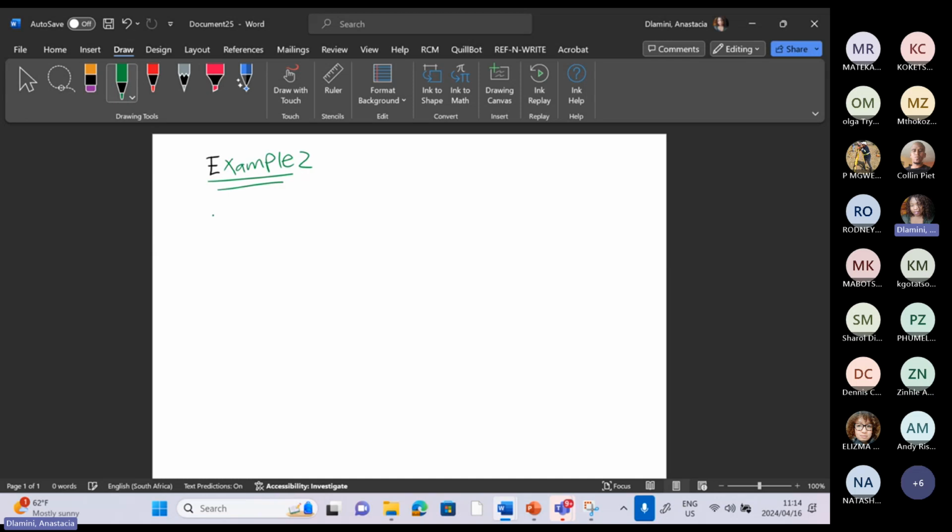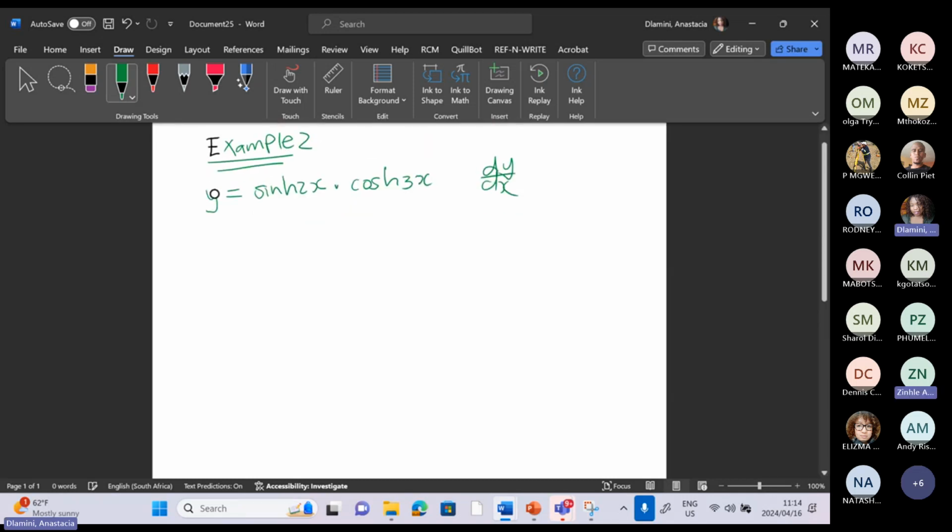So example 2: we have y is equal to sinh of 2x times cos of 3x, and you're asked to find dy over dx. We see that this is a product of two functions, so we have to apply the product rule.